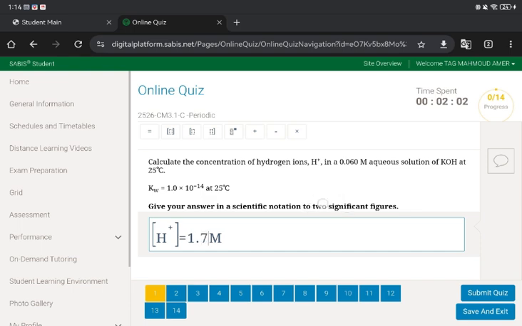Always look at what they're asking, like the scientific notation, how many significant figures. Times 10 to the negative 13.